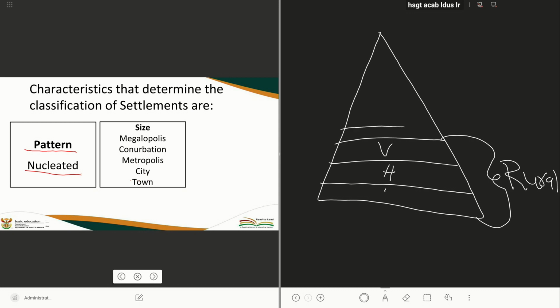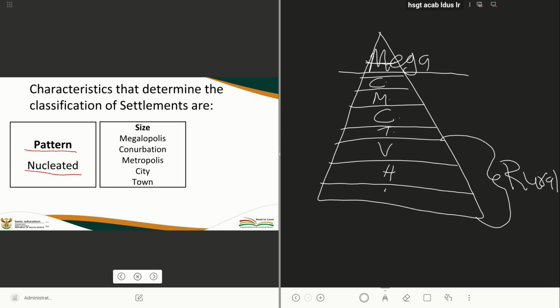With the town, and then we have the city, metropolis, conurbation, and megalopolis. So when we are looking at the classification of settlement in urban areas according to size, we are looking at town, city, metropolis, conurbation, then megalopolis.